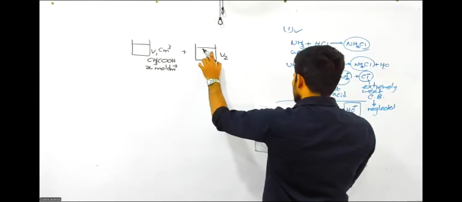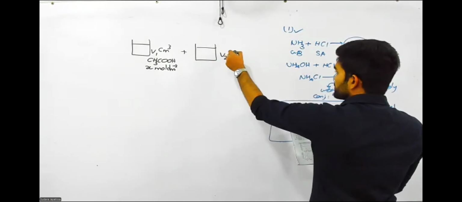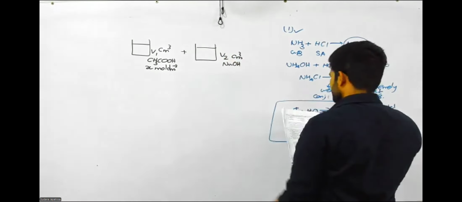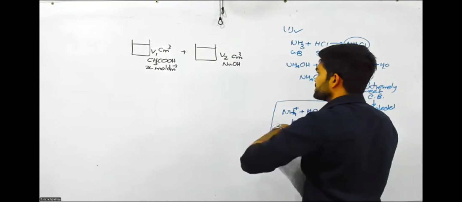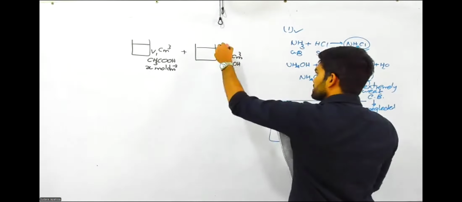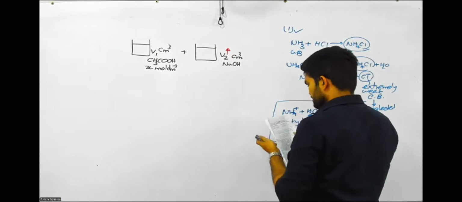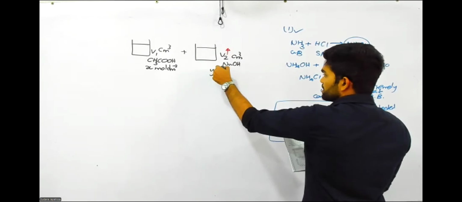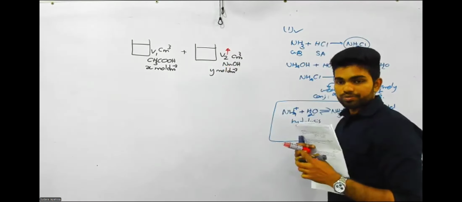This says V2 is larger than V1. V2 centimeter cube of sodium hydroxide. Now this is a higher value. And it says the sodium hydroxide concentration is y, and that y is also a larger value. Concentration wise and volume wise, this is more.